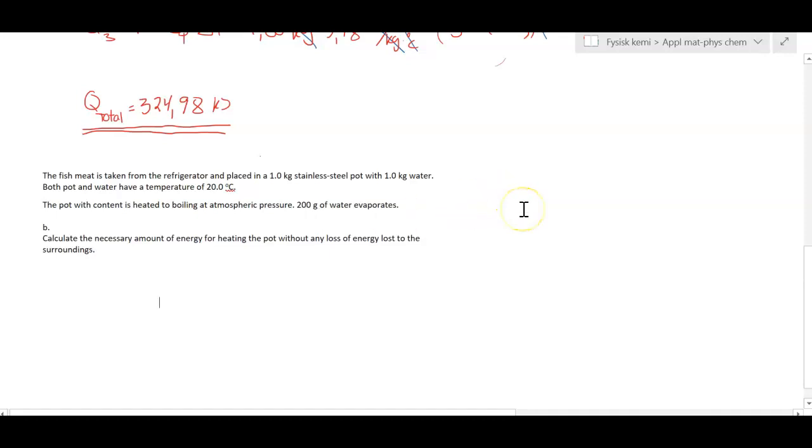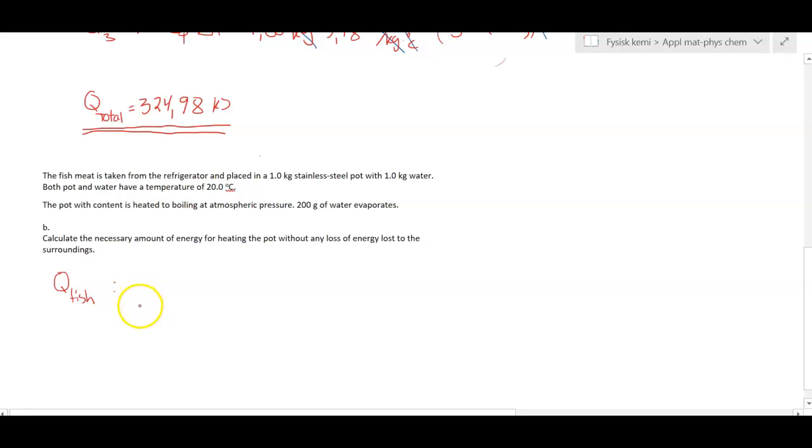So now we want to analyze once more what is going on. So we are basically having the fish. So let's say that we have Q fish, because the fish meat is heated to boiling point. It is a process where we go from 5 degrees to 100 degrees.